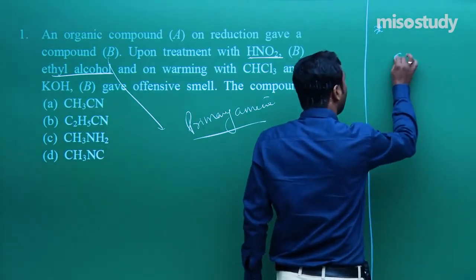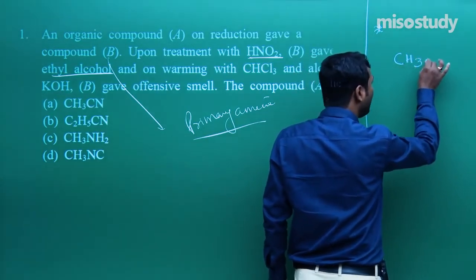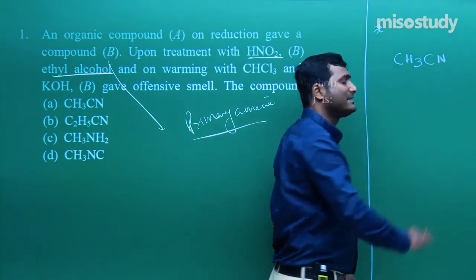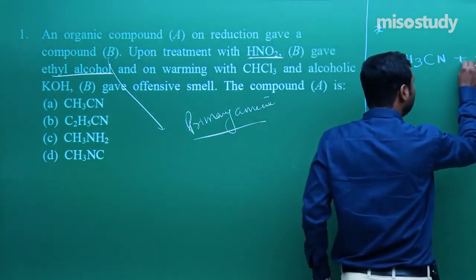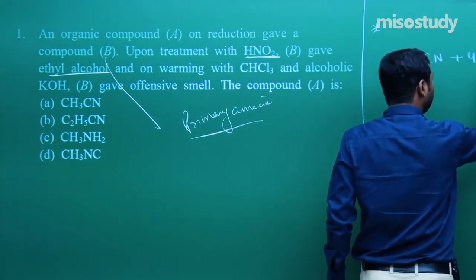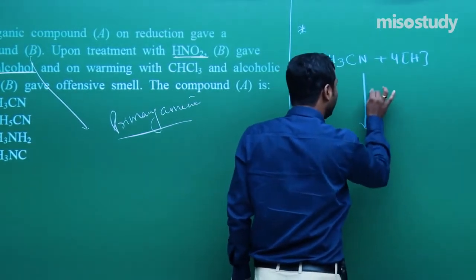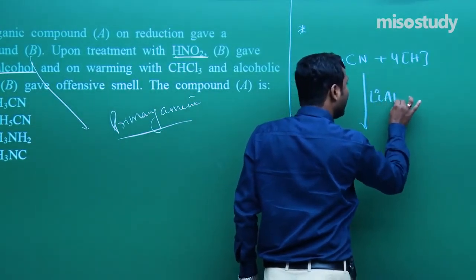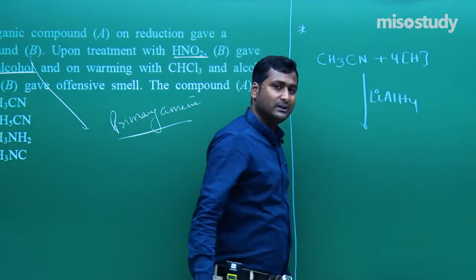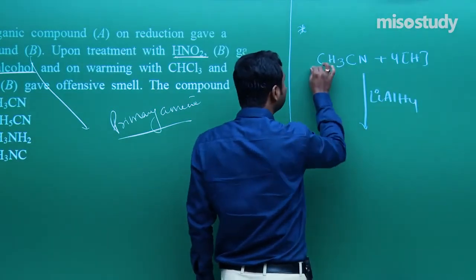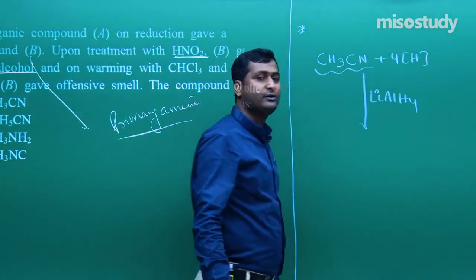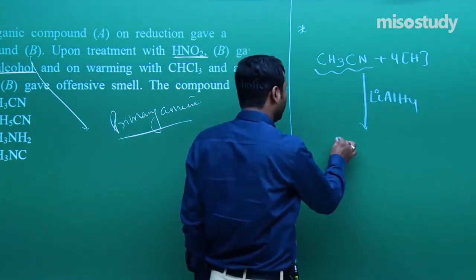That is, we can say the compound is CH3CN. On reduction with LiAlH4, what will happen? This cyanide will be converted to an amine, that is, a primary amine.